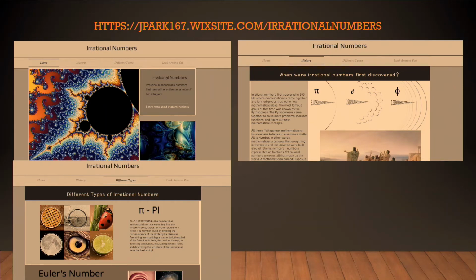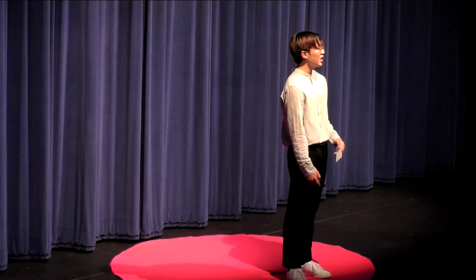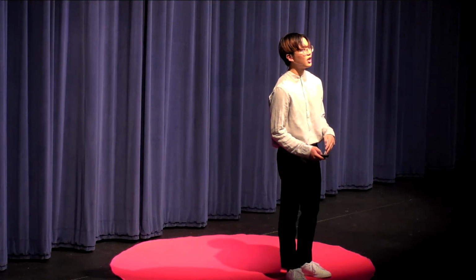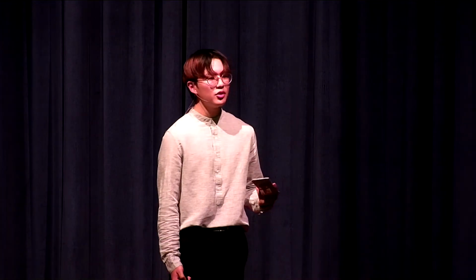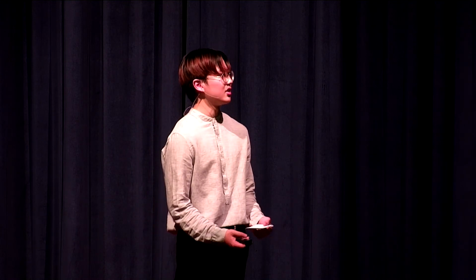I also had a different types page where I talk about the different types of irrational numbers in our world and the variety of places that we can find them. Lastly, I had a scavenger hunt page where I wanted to be more interactive. I listed some objects with irrational numbers that exist in our surroundings.